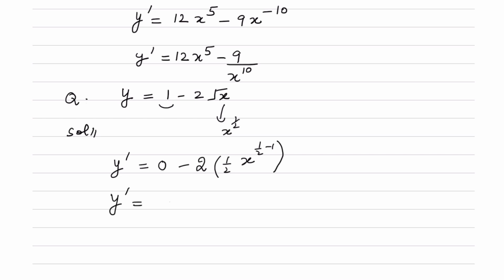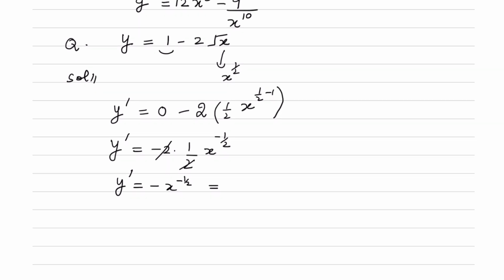Simplifying it gives us minus 2 into 1 by 2 into x to the power of 1 by 2 minus 1, which becomes minus 1 by 2. This 2 cancels with this 2. So you have y dash as minus x to power minus 1 by 2. Or it could also be written as minus 1 over x to power 1 by 2. So bring this x to power minus 1 by 2 down by making the sign positive, which can be written as minus 1 over square root x.